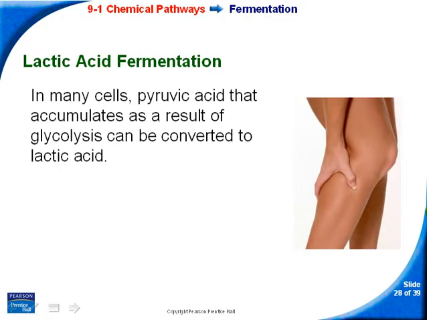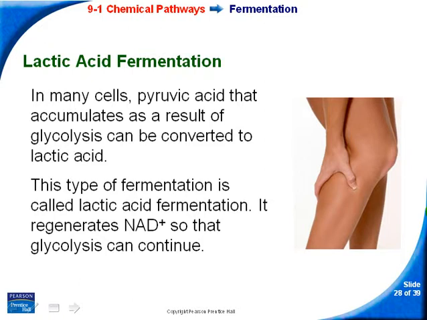And sometimes we can have pyruvic acid that accumulates as a result of glycolysis, and this is going to be converted to lactic acid. And I put this picture up here because this woman is rubbing her legs because she has cramps because she's been exercising so hard that she's getting cramps due to lactic acid fermentation. And this also regenerates NAD plus so that glycolysis can continue.